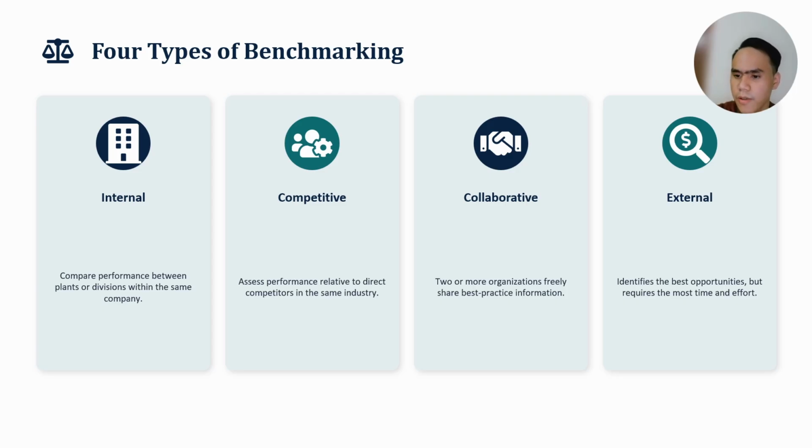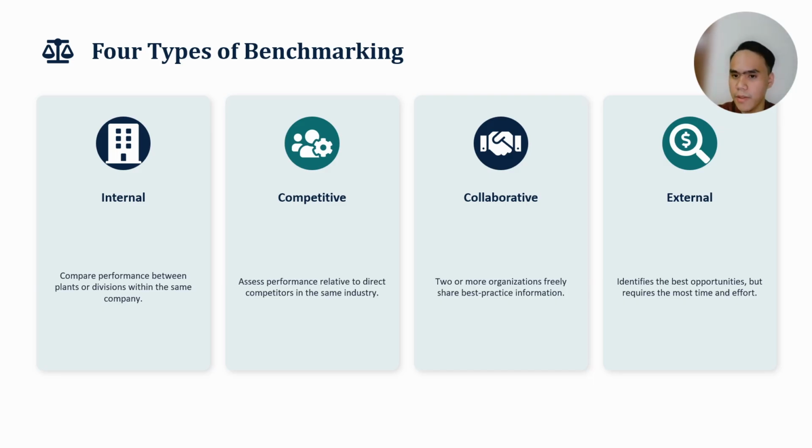Internal benchmarking compares performance between different plants or divisions inside your own company. It's the fastest to execute and a good place to start because early wins here build credibility with skeptics before you attempt anything harder. Competitive benchmarking assesses your performance directly against competitors in your industry.